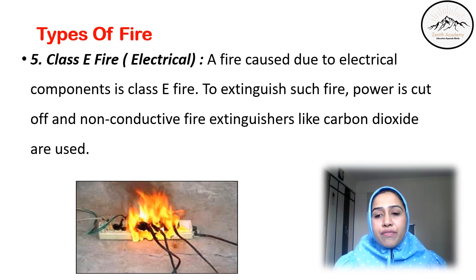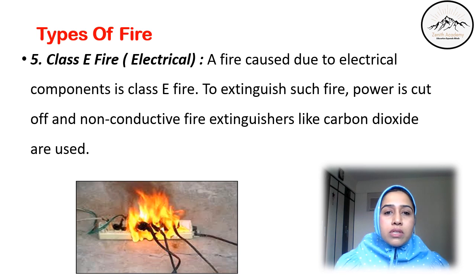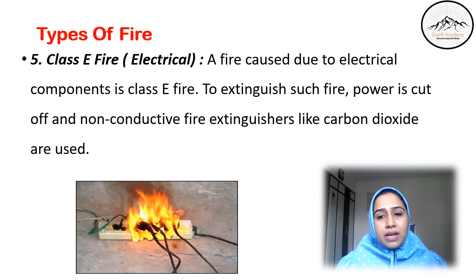Next is class E fire. It is caused due to electrical items. Now, we have heard that due to short circuit or loose wiring, there was an accident of fire. So, fire caused due to electrical components is class E fire. And to extinguish such fire, the first step required is power cut, that is power off, and non-conductive fire extinguishers.